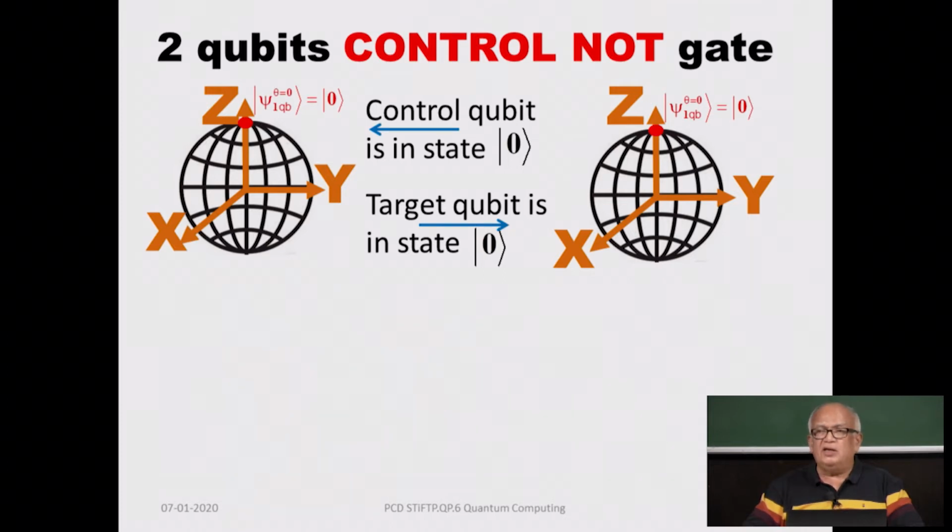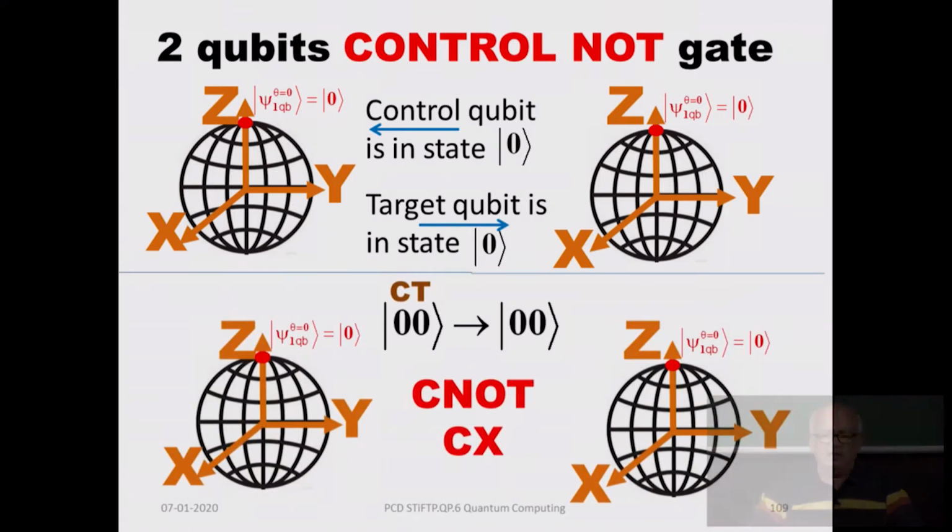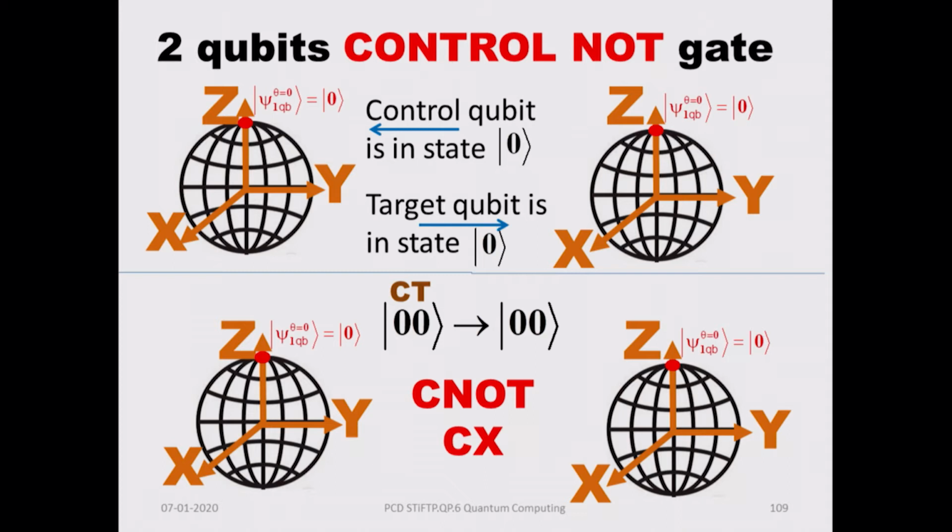So, in this case the controlled-NOT gate will do nothing, right. So, it will give you from the 0 0 a new state which is also the 0 0, the same as the previous one, because the condition that the target qubit undergoes a NOT operation is not met. Okay, so both remain at the north pole.